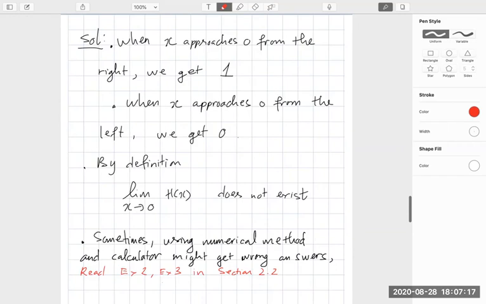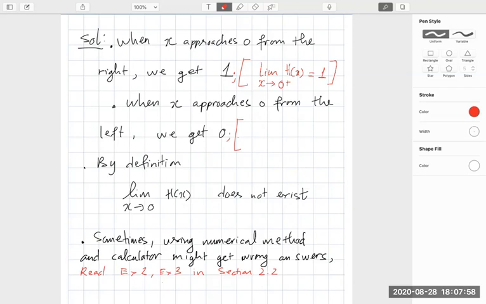Furthermore, instead of writing this long sentence, we want to make things simpler by writing this way. Okay, limit of h of x when x approaches from the right, it means that we can write it x goes to 0 plus. It means the right side of 0, right? And we know this value is 1. A shorter way instead of writing this long sentence, right?